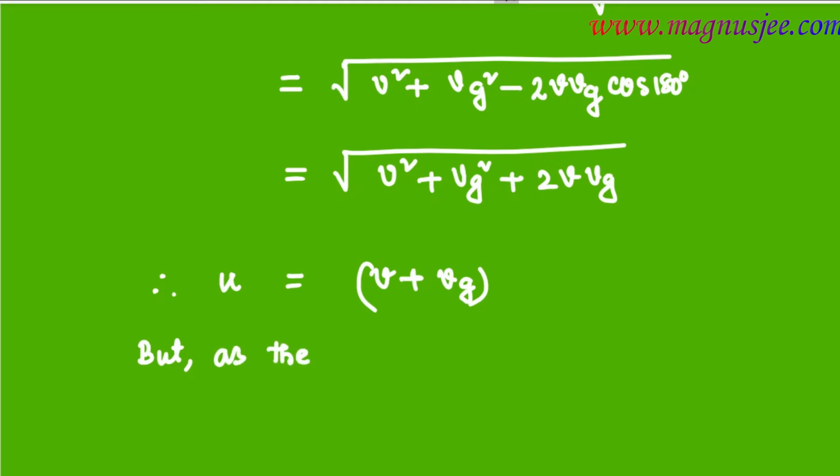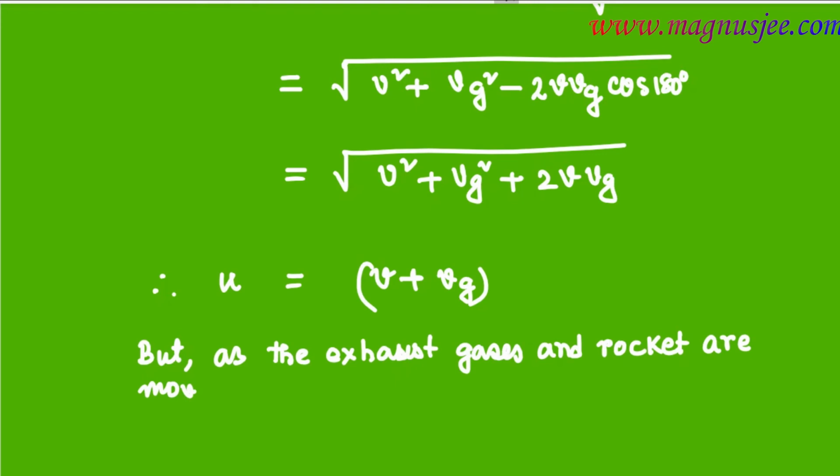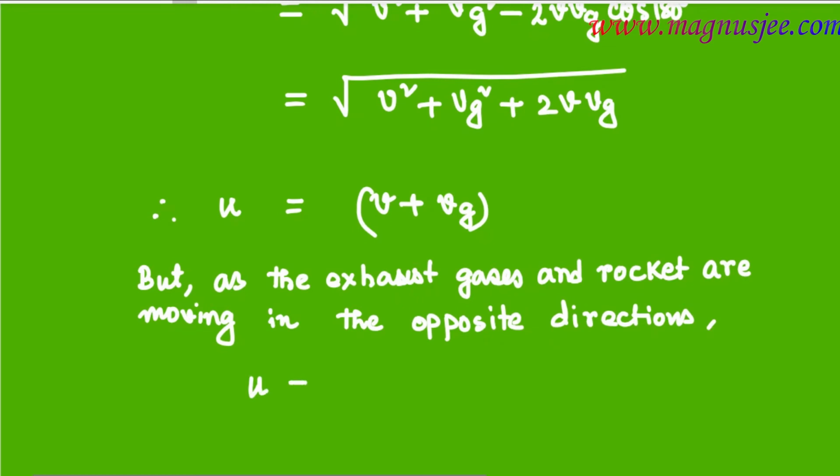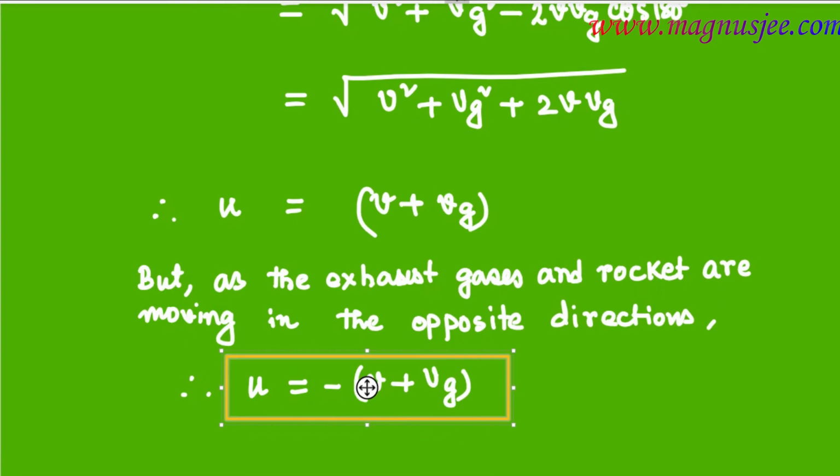But as the exhaust gases and the rocket are moving in the opposite directions, we can write u equal minus v plus vg. u is the relative velocity of exhaust gases with respect to the rocket.